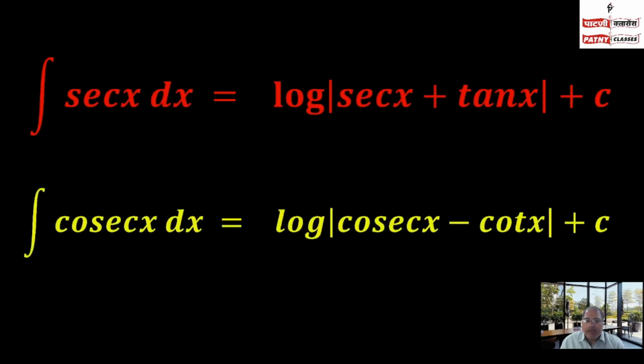Similarly, integration of cosec x with respect to x equals log of modulus of cosec x minus cot x. The terms inside the modulus can be trigonometrically simplified to get other expressions for integration of sec x and of cosec x.